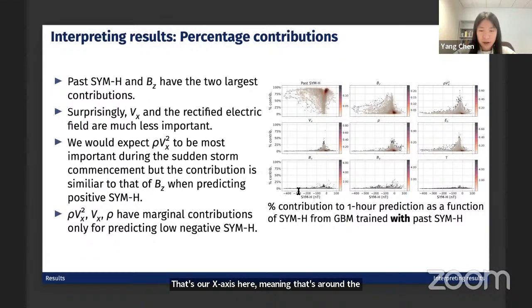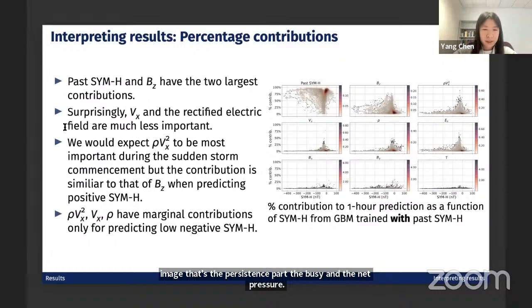And then Sym-H values that are very negative, with a very big magnitude, correspond to the storm phases. Each of those panels is showing one of the predictors: the past Sym-H, that's the persistence part, the Bz, and the net pressure, velocity.